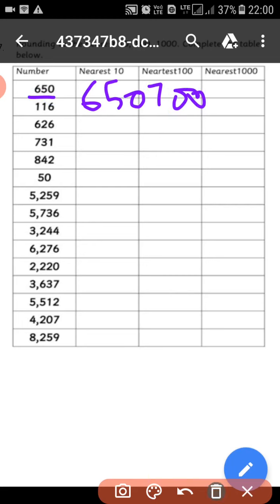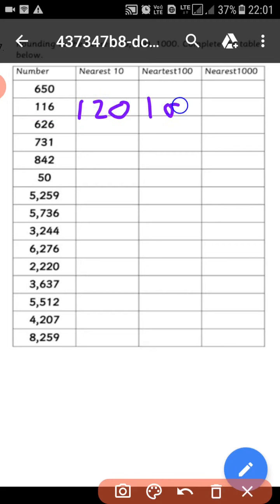Okay, then in 116, nearest 10 is 120. Okay, and nearest 100 is 100. Okay, and no nearest 1000 because it's a 3 digit number. Okay, we will see a 4 digit number.